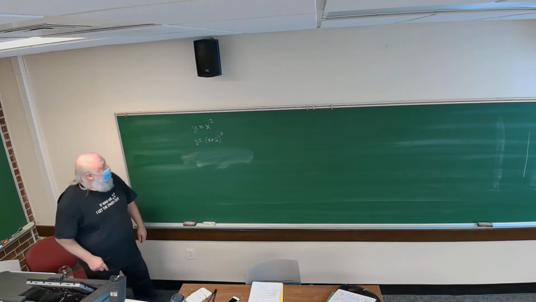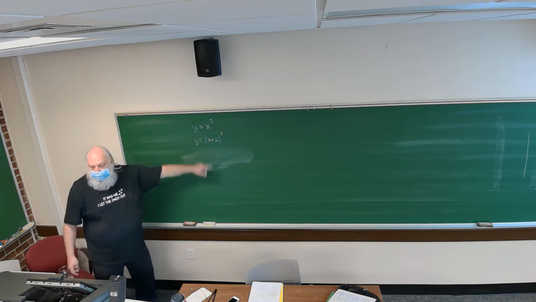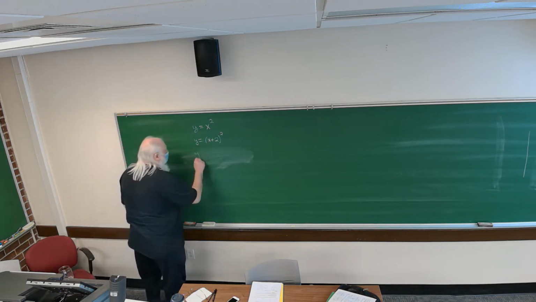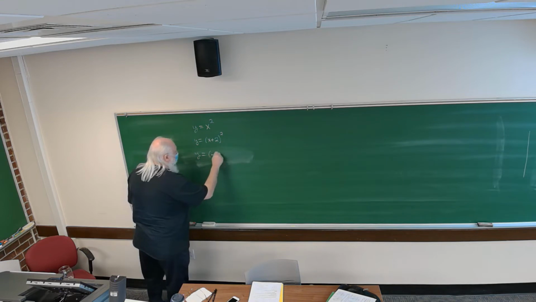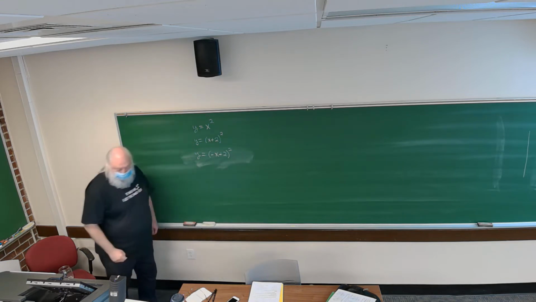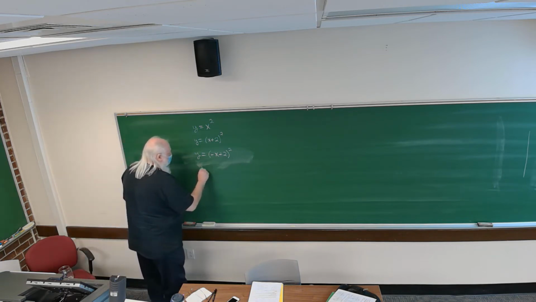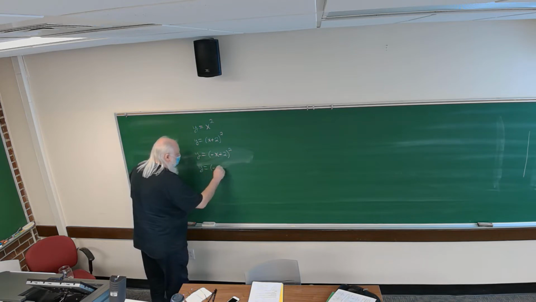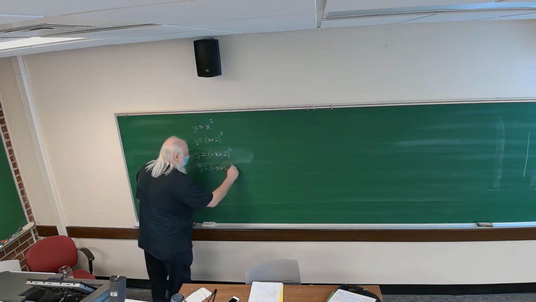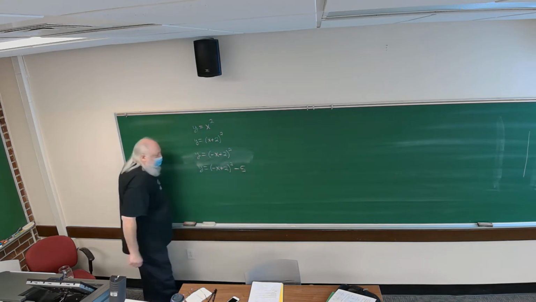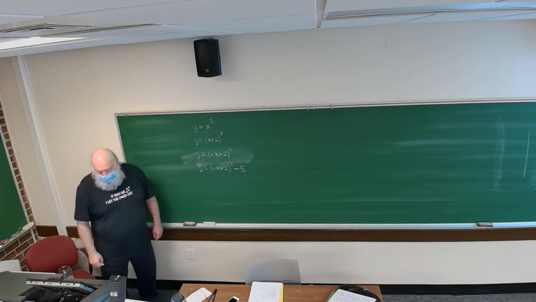Reflect across the y-axis, you replace x with minus x, right? So y is equal to minus x plus 2 squared. Okay. Now we shift down 5 units by subtracting 5 on the right hand side.